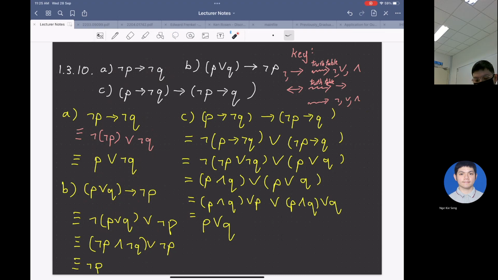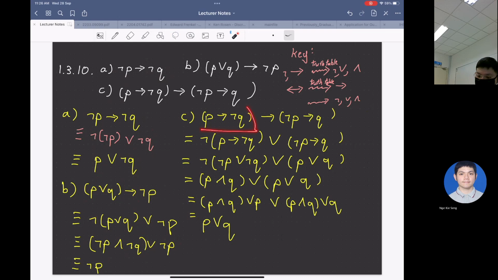The and becomes or, and you negate both. Then this goes to this by the absorption law. If you are not happy with this line, use the truth table and prove it.